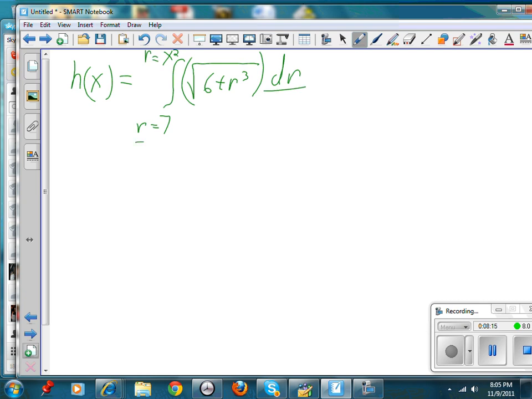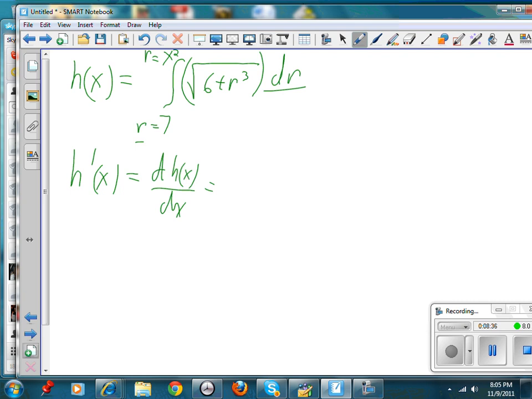I'm integrating on r. Well, I don't really know what h of x is. H of x has been defined as an integral, but they ask me, they want the derivative, or they want the derivative of h with respect to x. Well, what's that? What's that equal to?